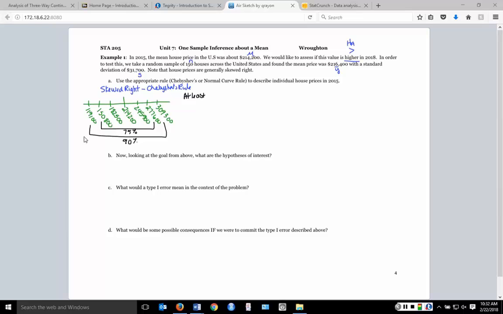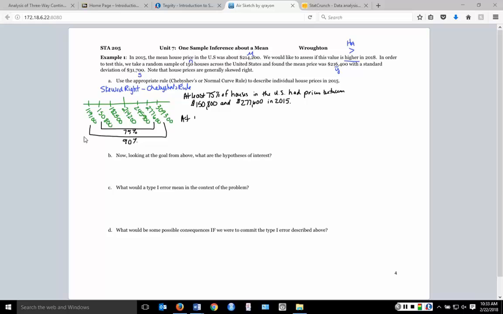So then I can say that at least 75% of houses in the United States had prices between our $150,800 and our $277,600 in 2015.